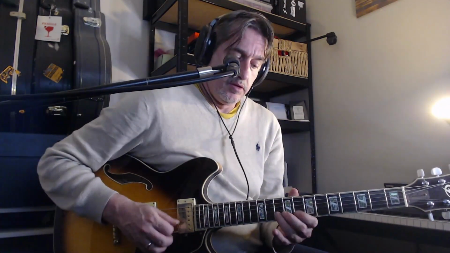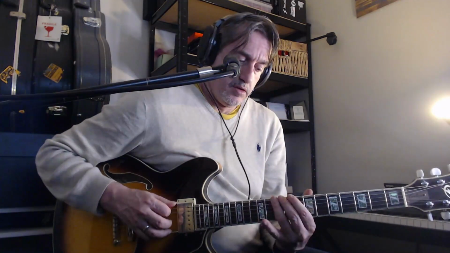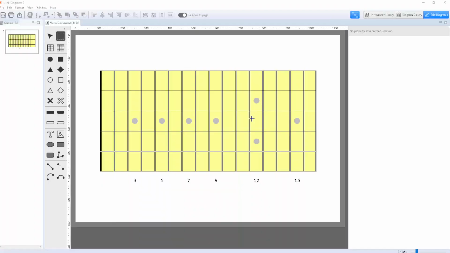And I could have done it also this way. Let me show it to you on paper so you see what I mean, because this is interesting. It's basically combining these two triads, D minor and C minor, but in a skipping manner. So here I have a diagram, and I'm going to show it to you.